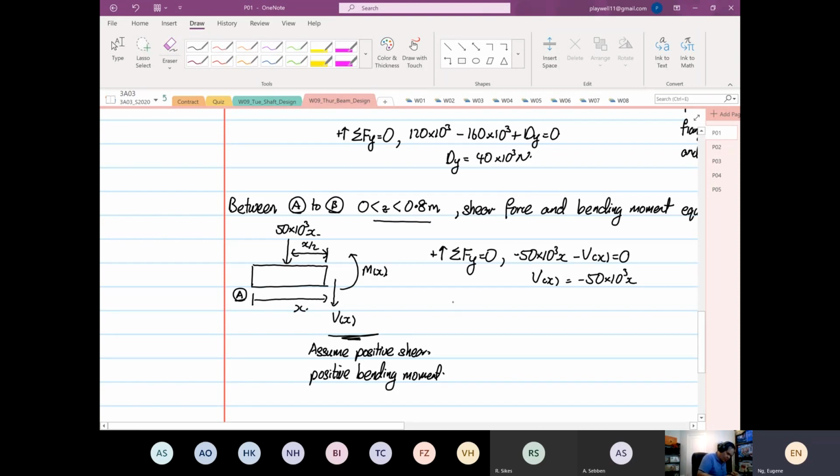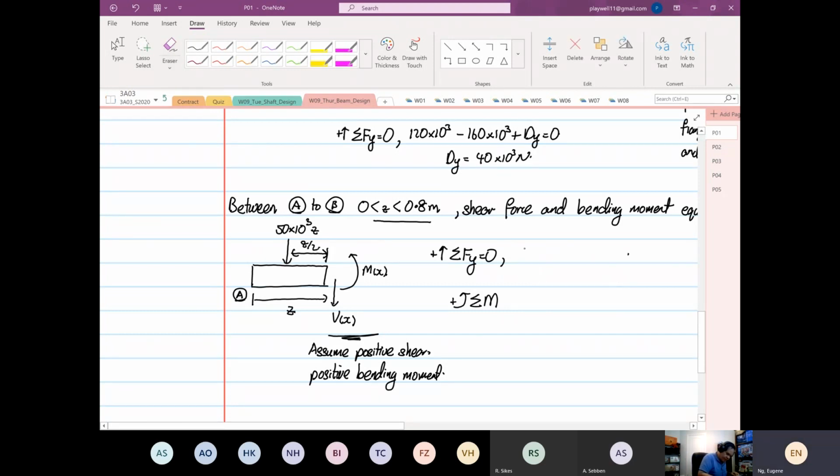Then you take moment in the z-axis. I do apologize. Okay, this is z. I keep on mixing up, so used to the x-axis being x. My apologies. Okay, let me rewrite this.